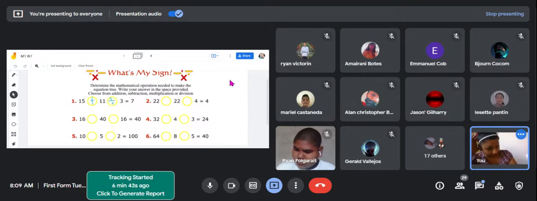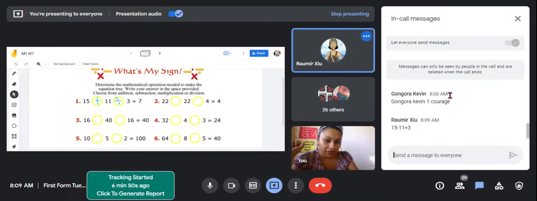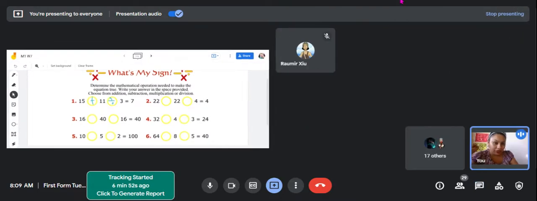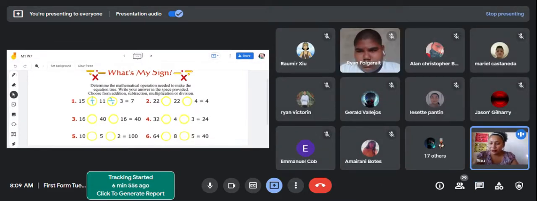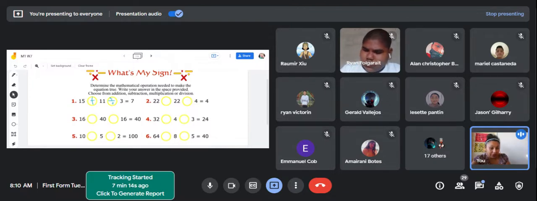That's what you said? Let's try this one and see. 15 plus 11 gives you how much? 26, Miss. 26, and 26 divided by 3? It cannot divide equally. So this one is not correct.